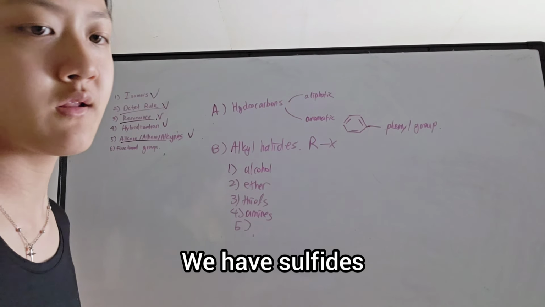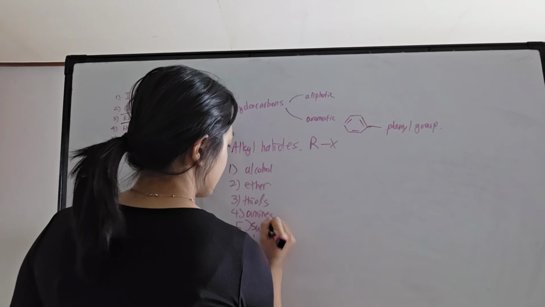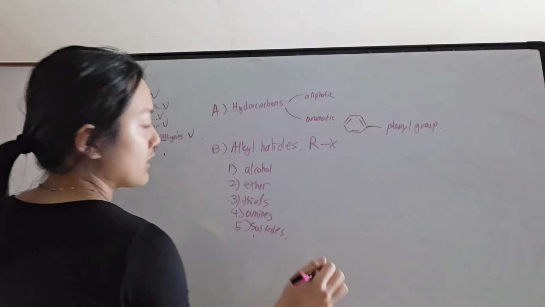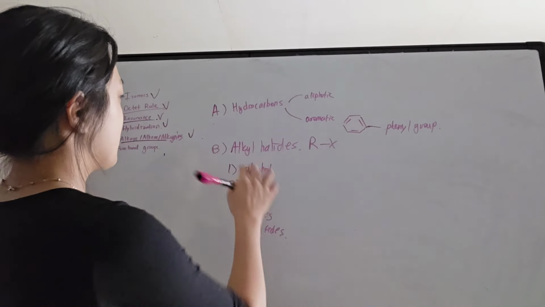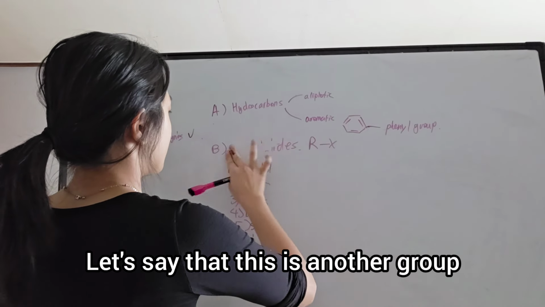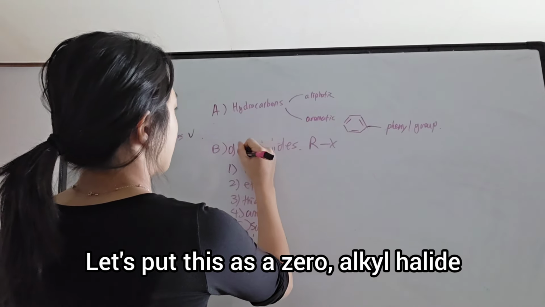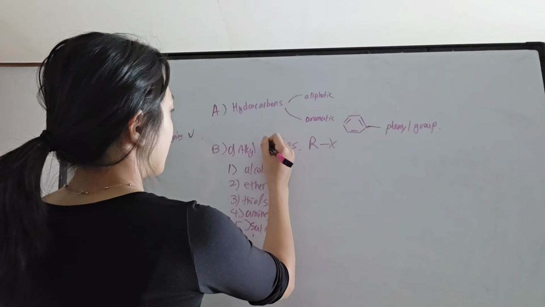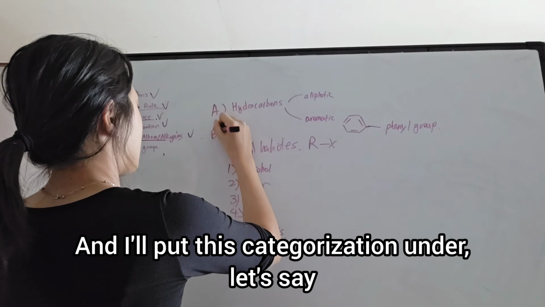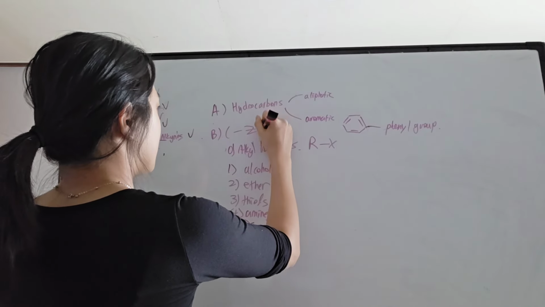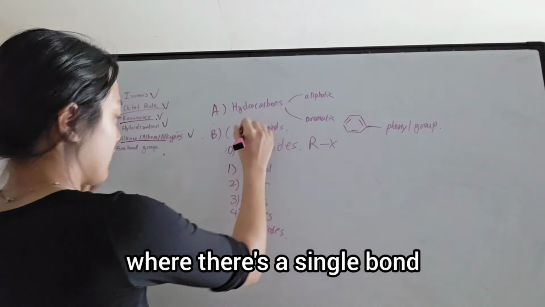We have sulfides. And okay, I guess they're not all alkyl halides. Let's say that this is another group. Let's put this as zero, alkyl halides. And I'll put this categorization under, let's say, C-Z bonds, where there's a single bond.